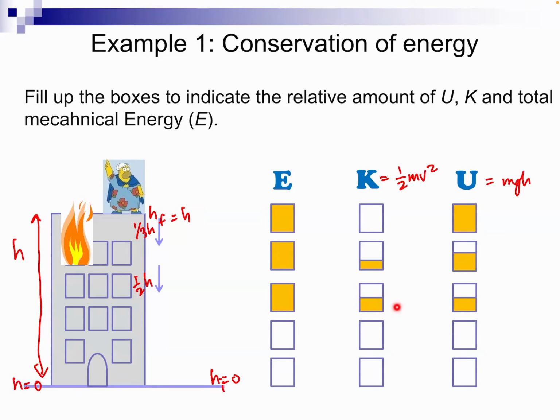And since his speed increases, his kinetic energy should increase. And since his height is now lower compared to before, his potential energy should decrease. But his total energy would still be the same. Right? Energy is conserved. 2/3 down, you see this pattern here. And finally, when he hits the ground, he would have reached a height of 0.